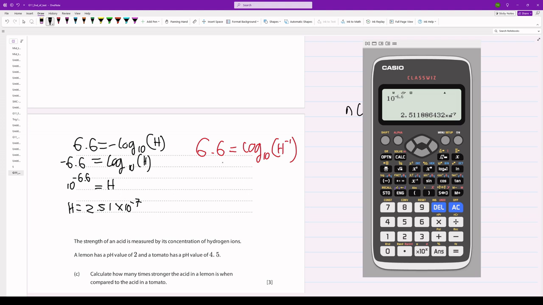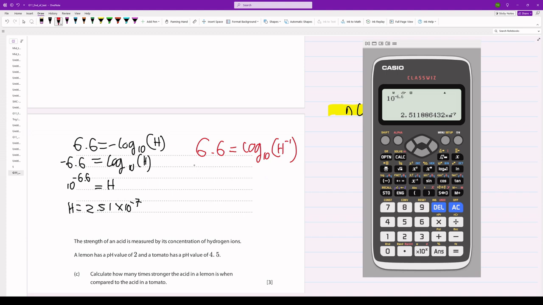Therefore, if I have a negative on the outside, then I can move it up to the top of the h with this log law. And if that doesn't make sense, just come find me in school and ask. Equals log 10 of h to the power of minus 1.